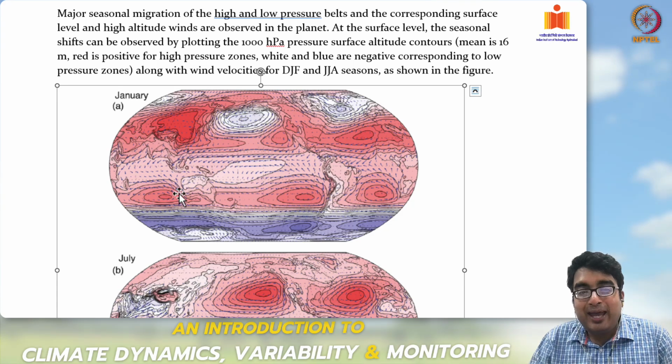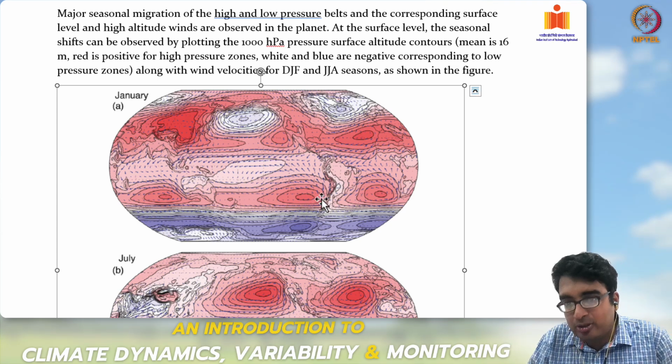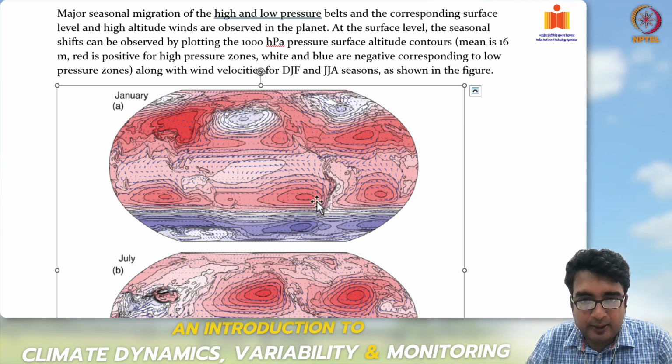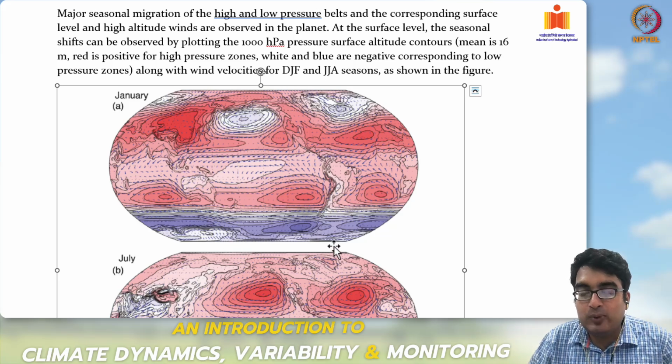Whereas the subtropical high pressure zone in the summer hemisphere weakens and shifts further towards the high latitudes of the southern hemisphere. Following this, you have again the subpolar low pressure belt in the Antarctic Ocean, and then the polar high in the Antarctic, which has not been shown.